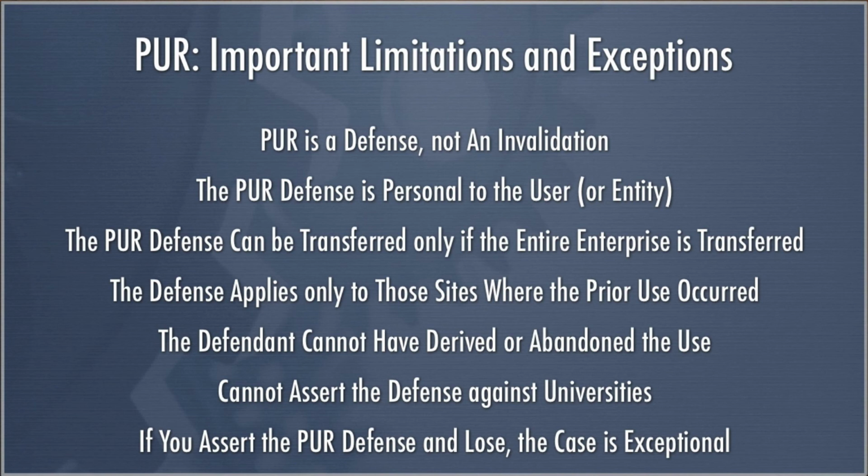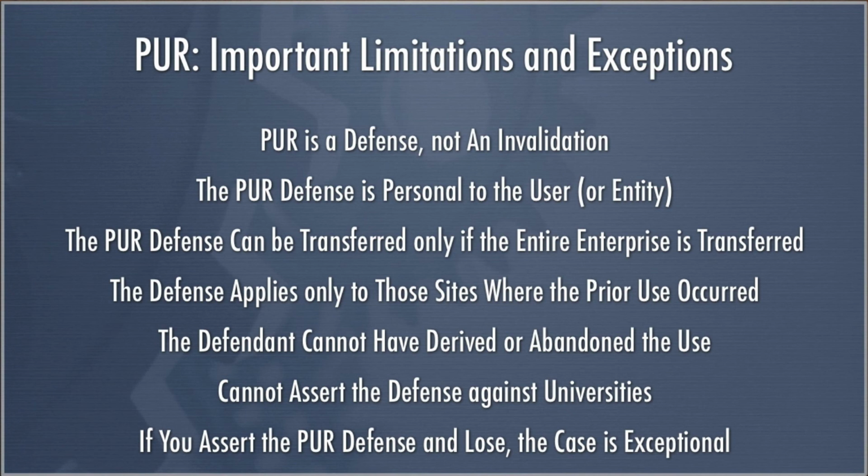You couldn't build new plants after the fact and in those new plants take advantage of the prior user rights, because you would not be a prior user in those new plants, even though you, as the entity, would be able to avail yourself of the defense. You can only avail yourself of the defense in those places where the prior use actually occurred.